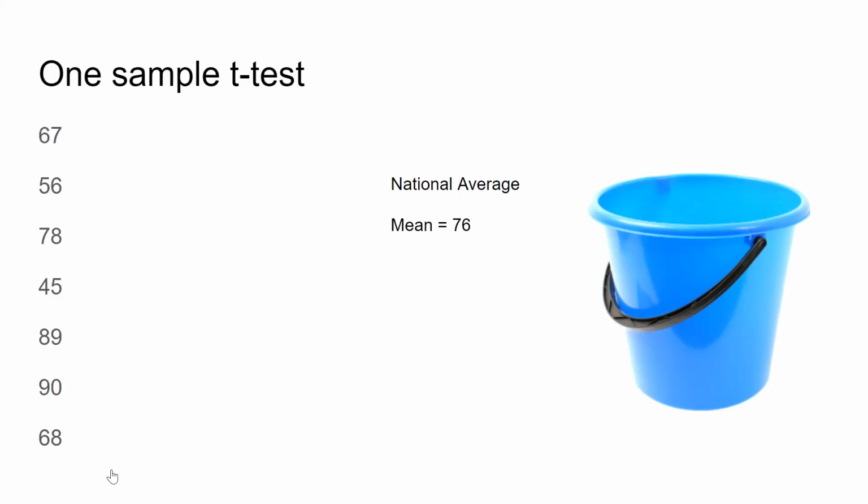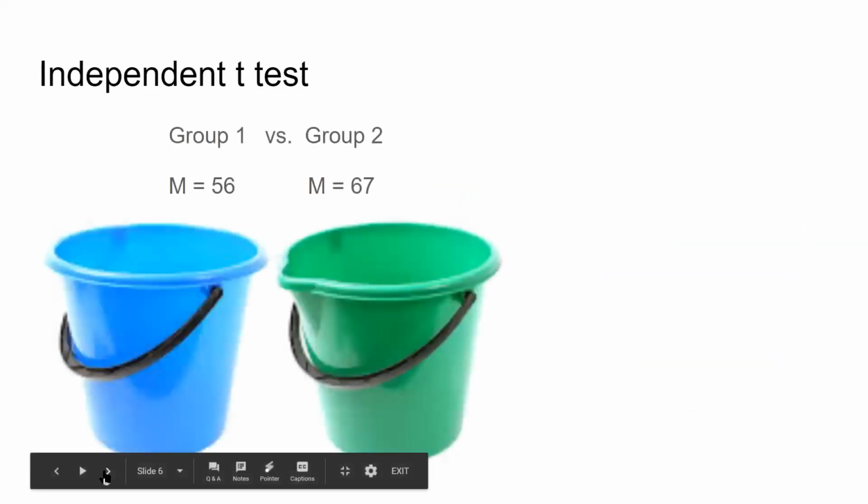Given that information, I can compute a one sample t-test. This could be very useful, like if you wanted to see how your district scores compare to the state average. If you could find the state mean, you can compare your data set of scores to a state given mean, okay? So that is a one sample t-test.